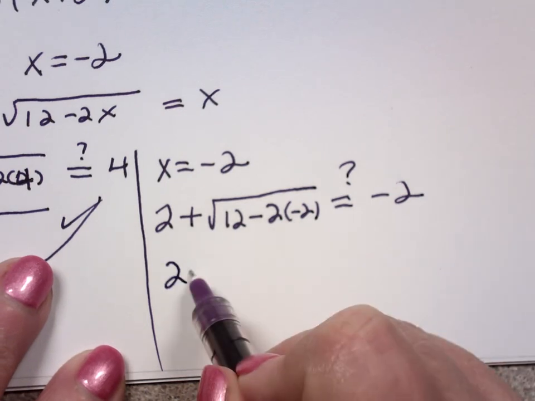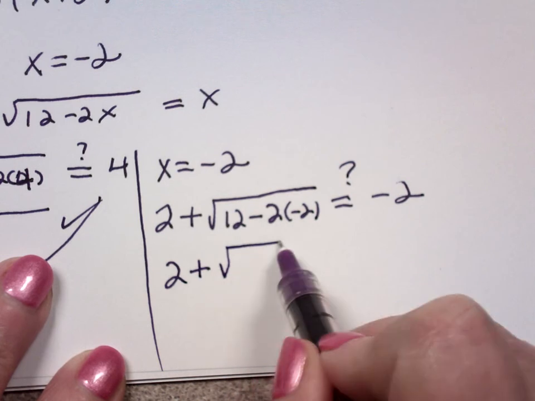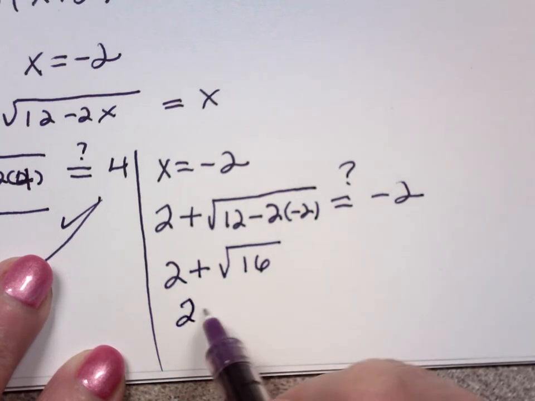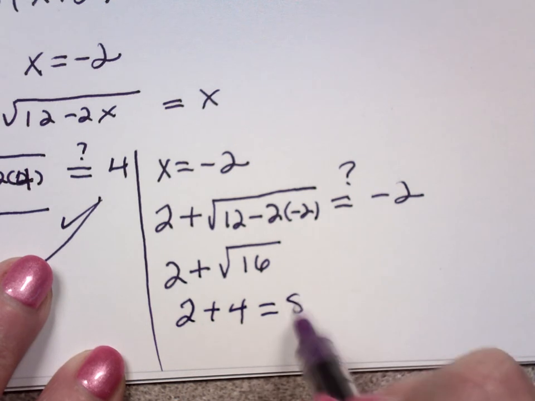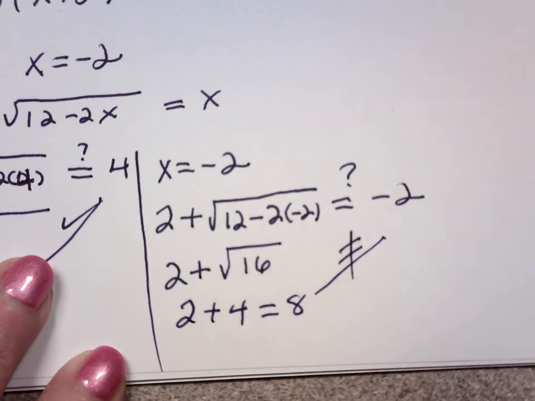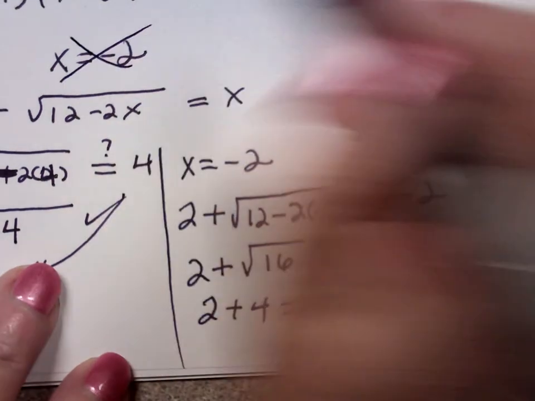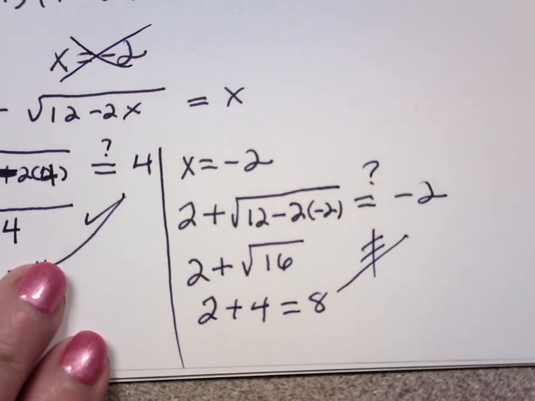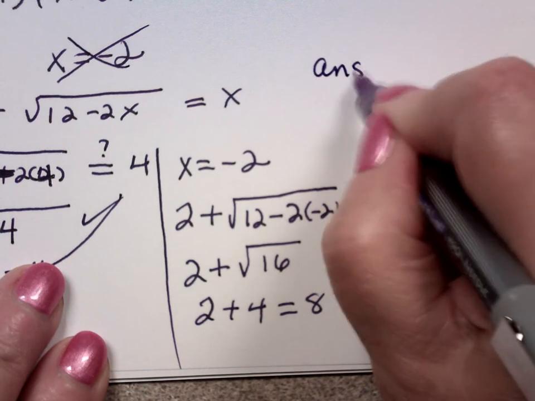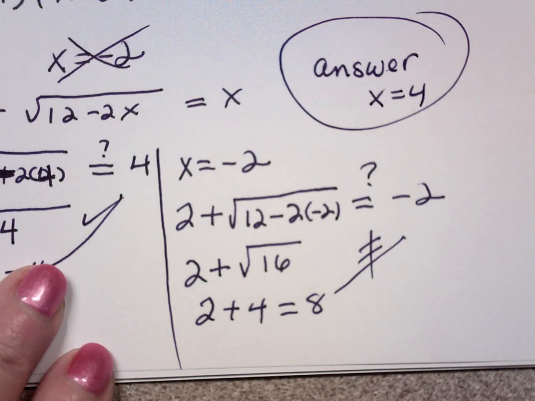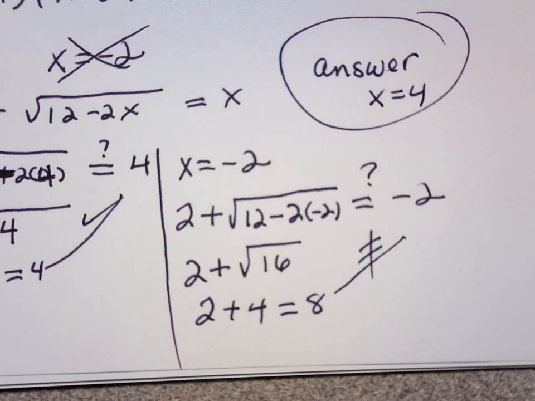So this is 2 plus the square root of 16, which is 2 plus 4, which is 6. And you notice they are not equal. So if I go back up, x equals negative 2 is not an answer. So my answer is just x equals 4. Good timing.